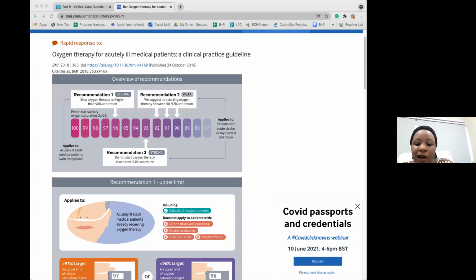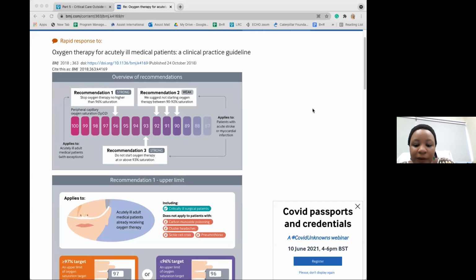What this study found is that for acutely ill medical patients, the recommendation is a target SpO2 of 96%. So you do not aim for a saturation above 96. At 96% SpO2, you could be happy with the oxygen therapy. We'll talk about the physiology in a minute.